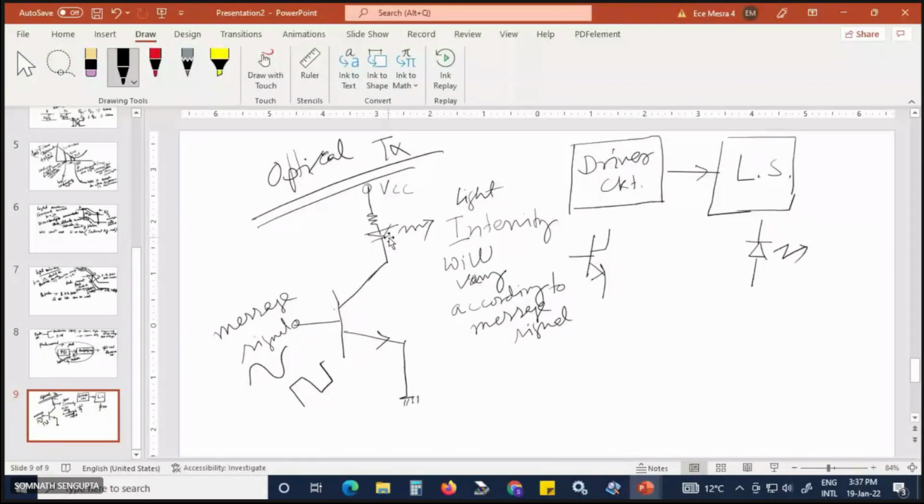If the diode current varies sinusoidally, then the intensity will also vary sinusoidally, because the relation between light intensity versus current, called the PI characteristic, is linear.